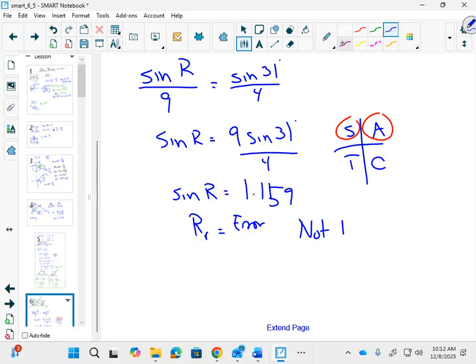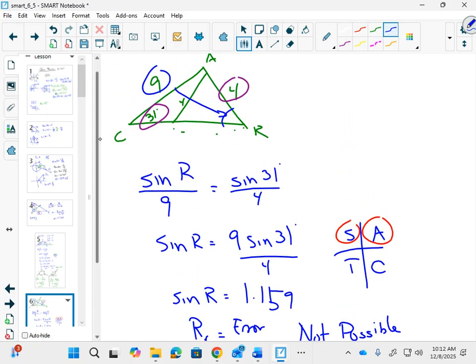And that error is telling me that actually 4 was not long enough. Technically, 4 was only this long, and it would never hit that side. But just giving you the idea that if you're using your calculator and you got that error, that's telling you there's no solutions, there's nothing possible.